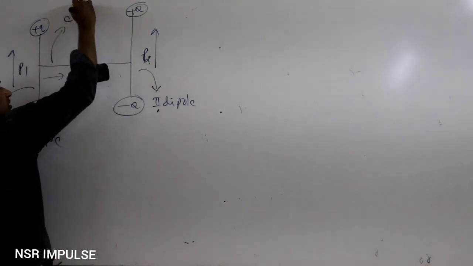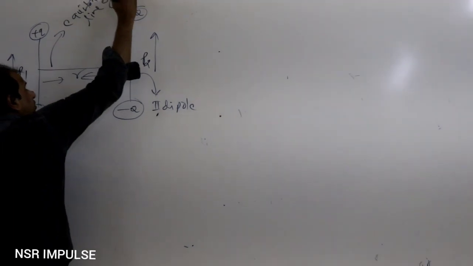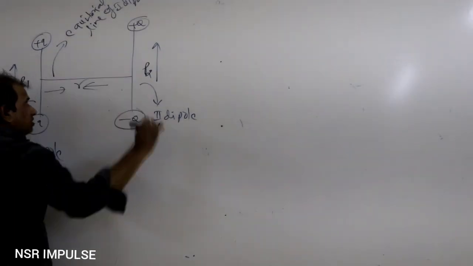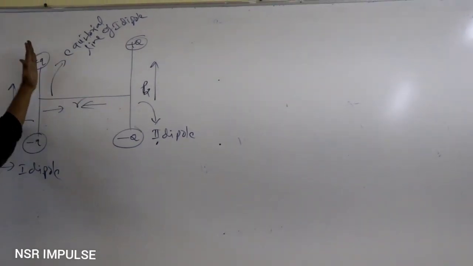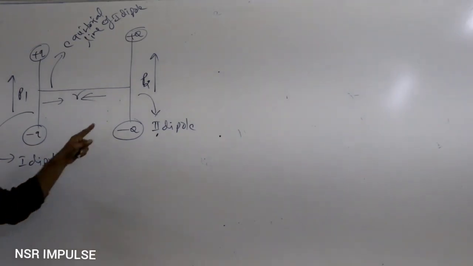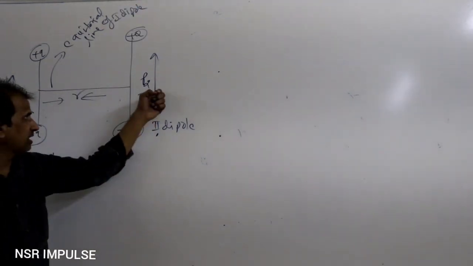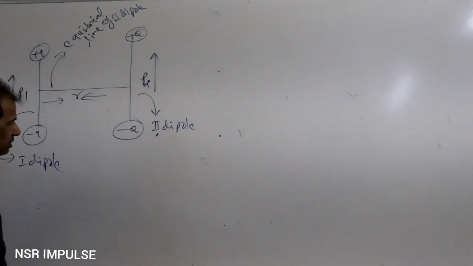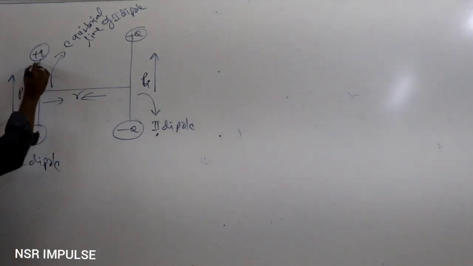This is the equatorial line of the first dipole. On the equatorial line of the first dipole, the second dipole is placed. So, if the second dipole is placed on the equatorial line of the first dipole, then we have to find the force.